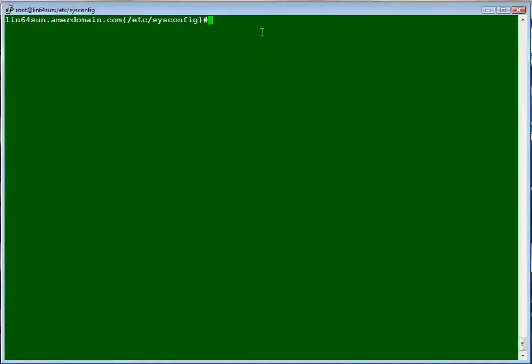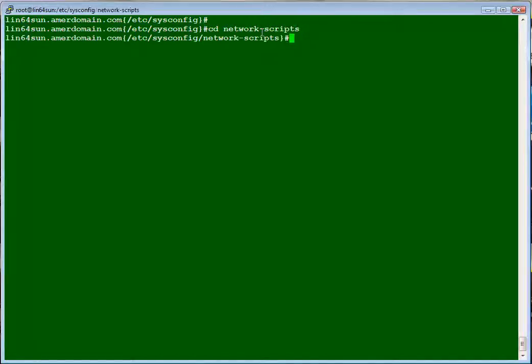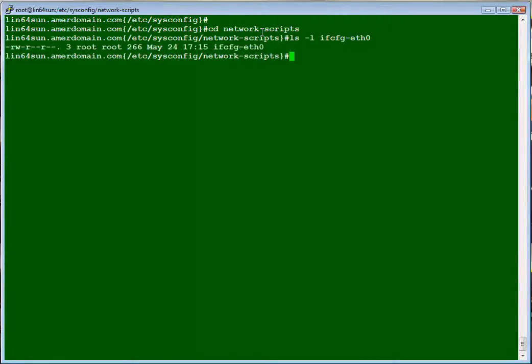Right now we are interested in network-related ones, so go to network-scripts. Check the configuration file, ls ifcfg-eth0.